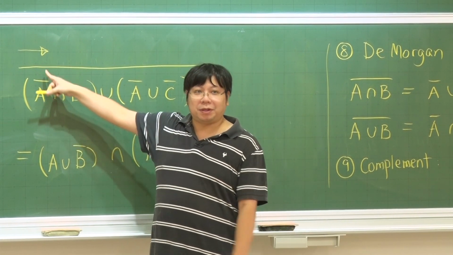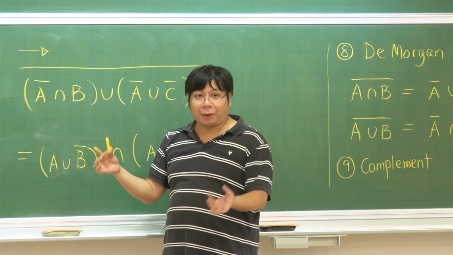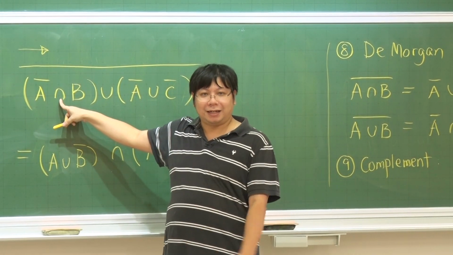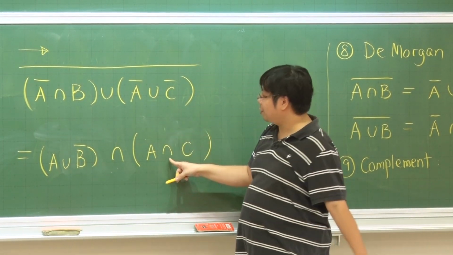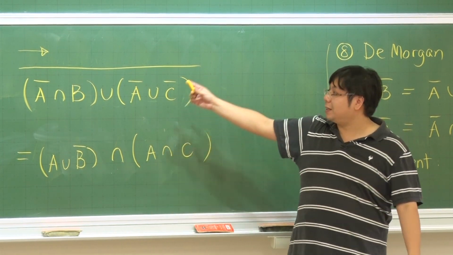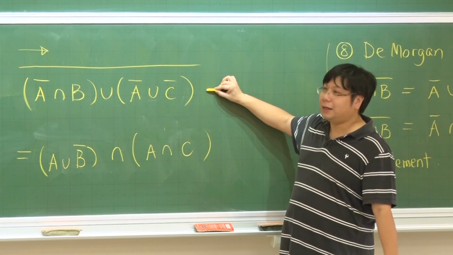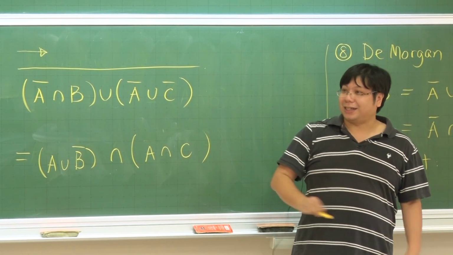Whenever you see a set with a bar, you change it into the original set. If you see a set without a bar, you change it into a set with a bar. When you see an intersect, you change it to union. When you see a union, you change it to intersect. When you see a close, you close it. That's it. So it is super easy to use De Morgan's law to change one thing into its complement. Is that okay? Okay. So that's it.